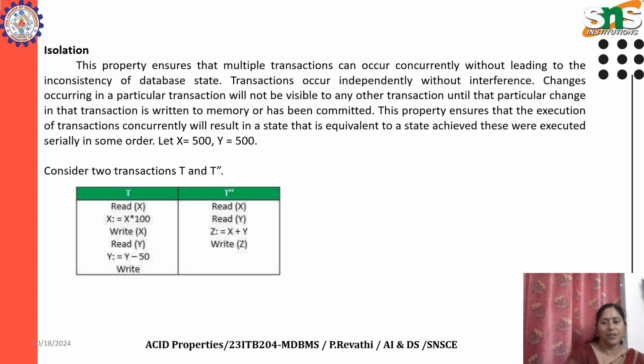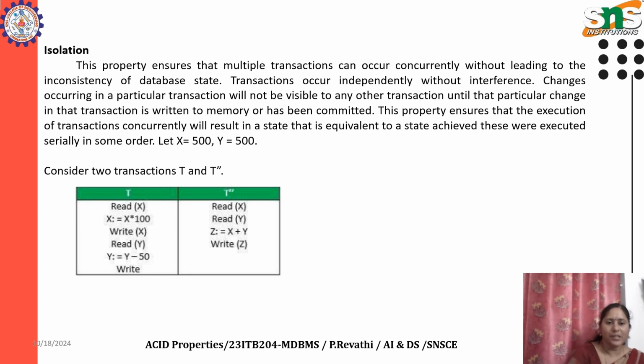For example, let X equal to 500, Y equal to 500. Consider two transactions, that is T and T dash. In transaction T, first we have to read the account. Read X. Already X having 500. So the value for X is 500.